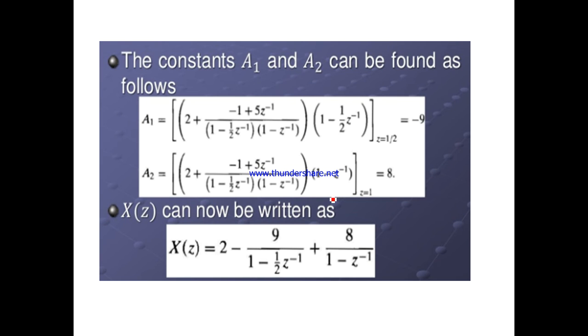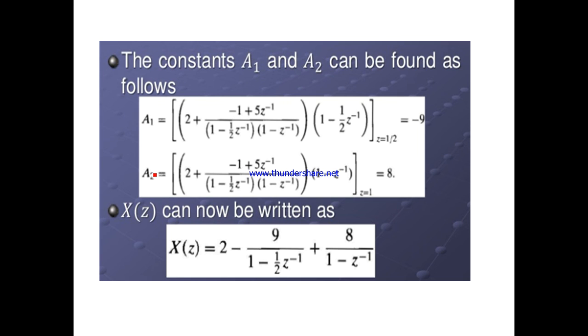So you have to multiply X of z with the denominator at the time z value equal to 1 by 2. So this is the root of the denominator of a1, z equal to 1 by 2. So when you are solving this equation, you will get minus 9.